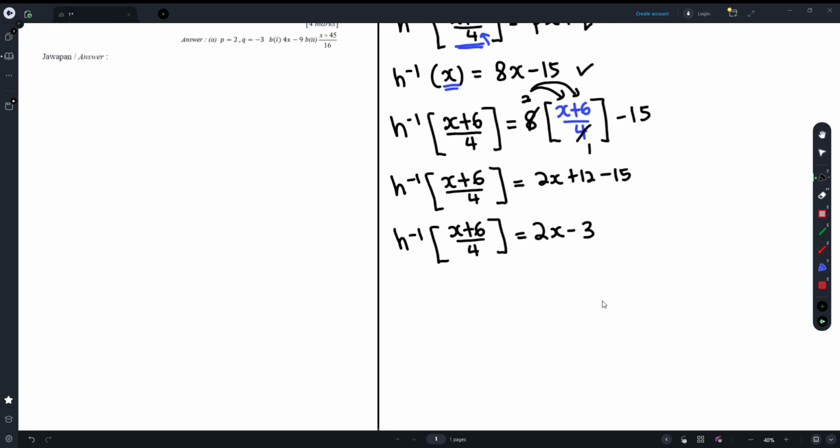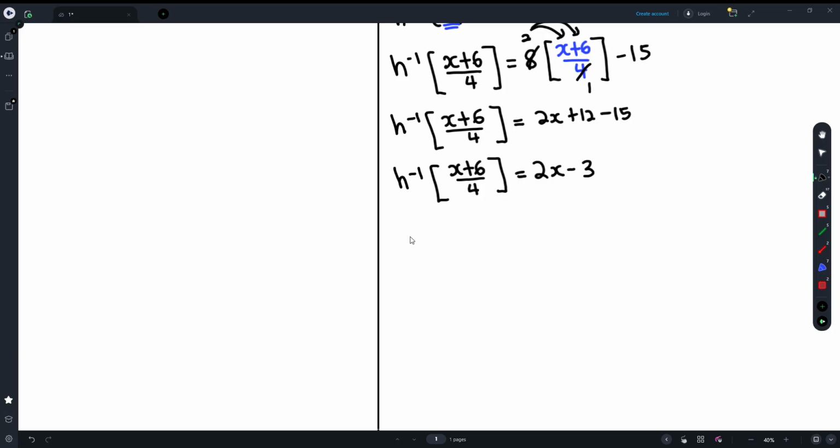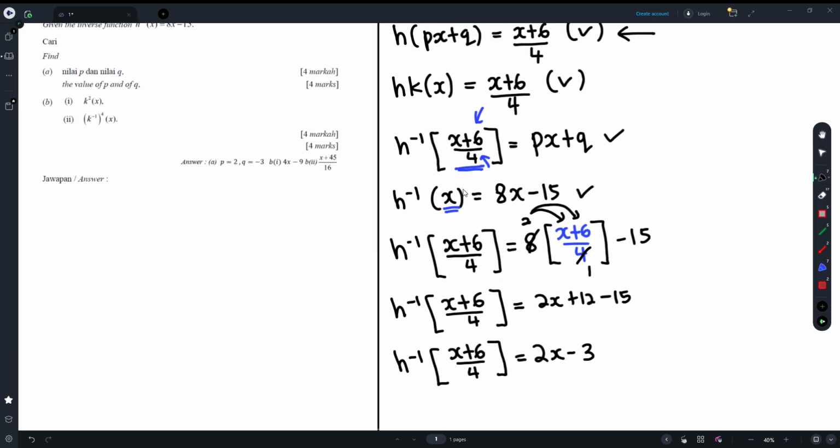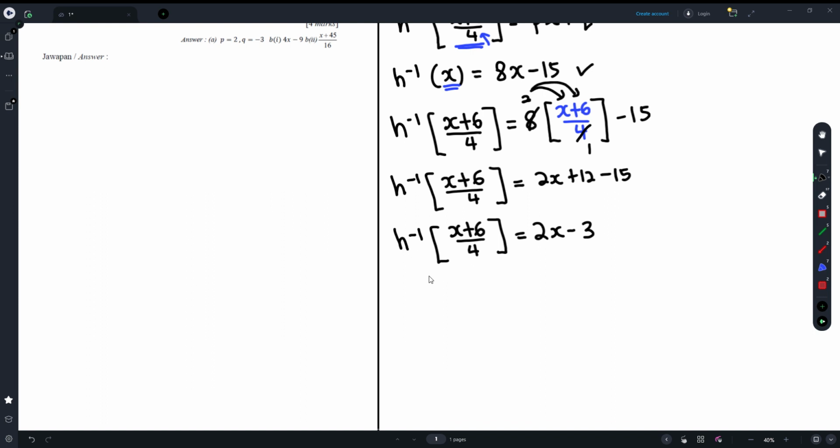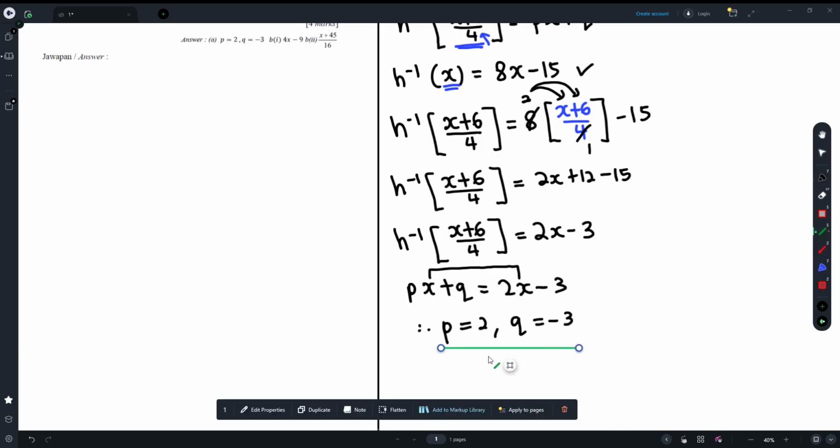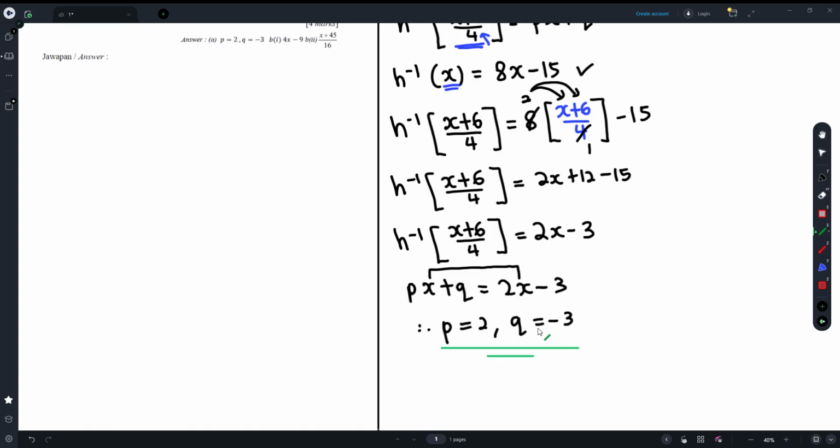And then as you continue, you can compare with the information given. Our information is h inverse of (x plus 6) over 4 equals px plus q, which is equivalent to 2x minus 3. When you do direct comparison, the coefficient of x and x, you get the conclusion p is equivalent to 2 and q is equivalent to negative 3. And that will be your final answer for part A.